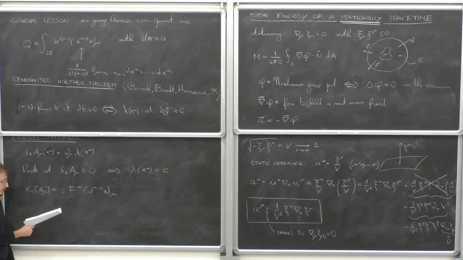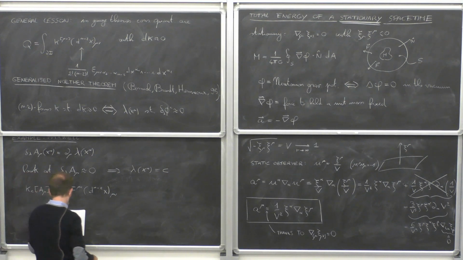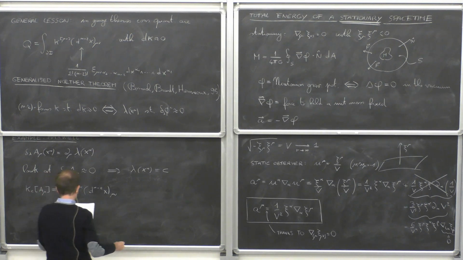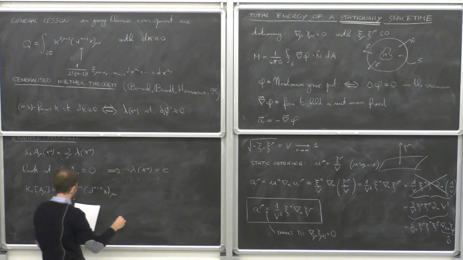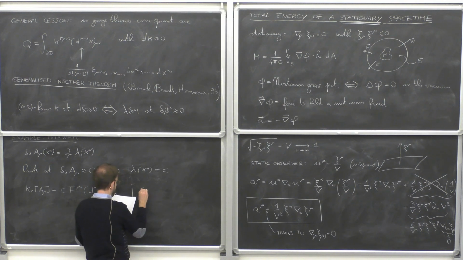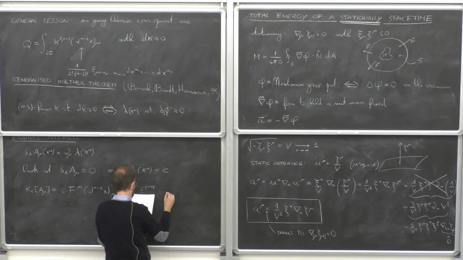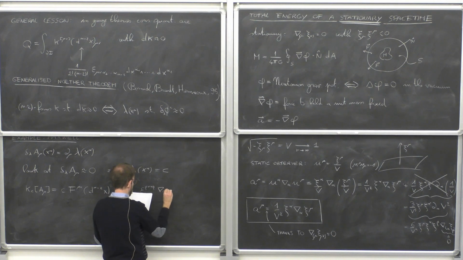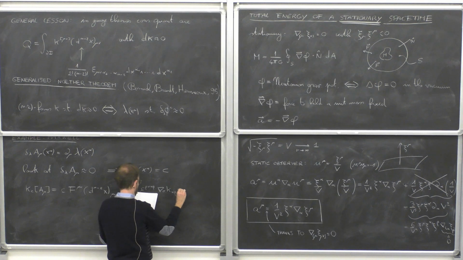Okay. In this particular case, what you can check is that if I repeat the same trick that we did in the case of the Komar mass, let's do it just in d equal 4, to avoid writing a huge bunch of indices.